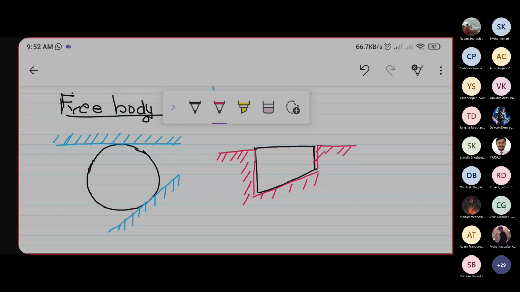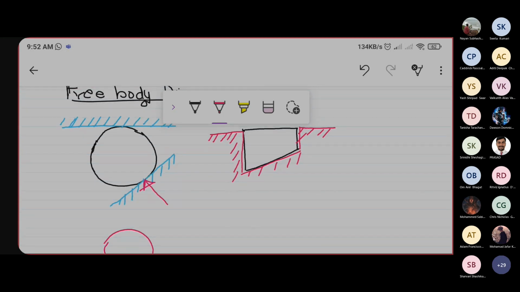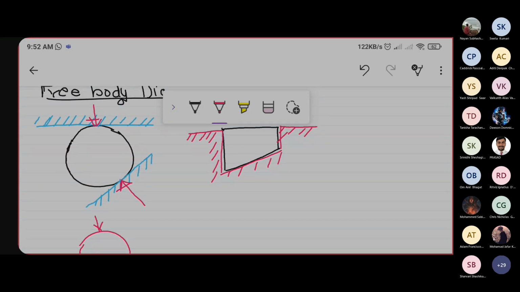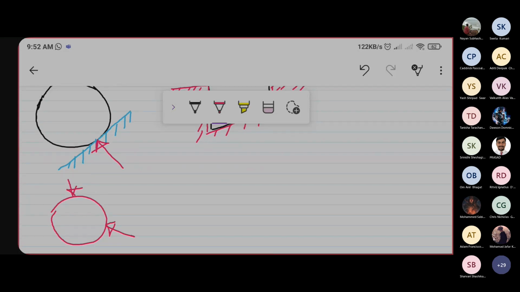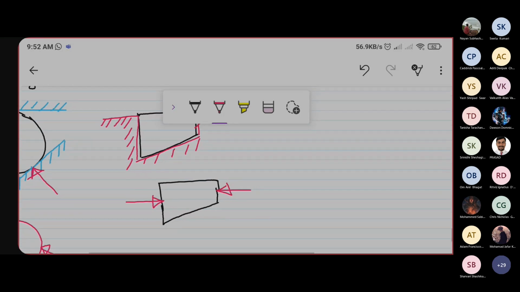Simple. The first body is here, and one force is here perpendicular to this surface. If we remove this, and one in this direction. Now for this block, three forces or three supports are given.